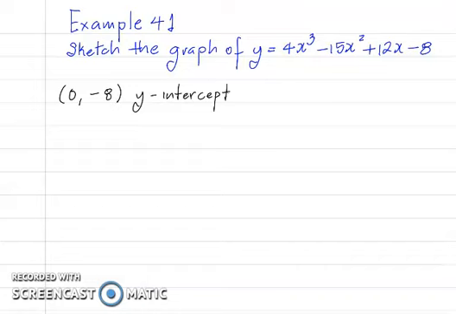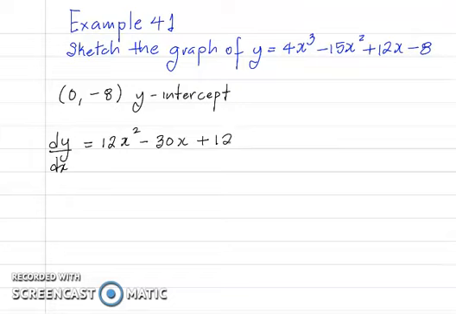All right, now the next thing I can do is I can try to identify the turning points. So to identify the turning points, I need to find the first derivative. So I have, let's go straight ahead, dy by dx is equal to 12x squared minus 30x plus 12.